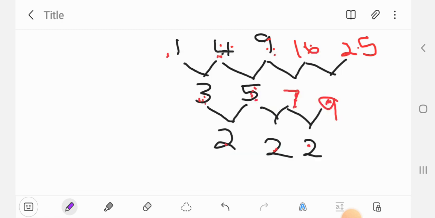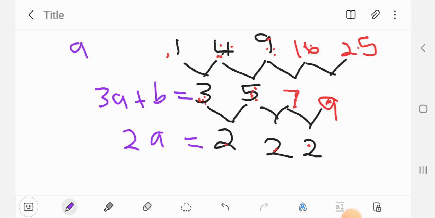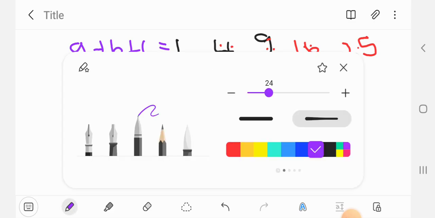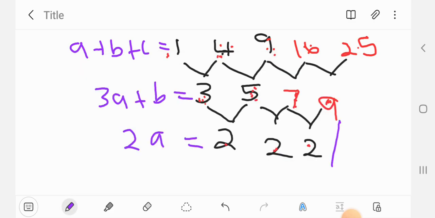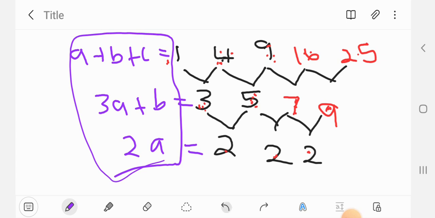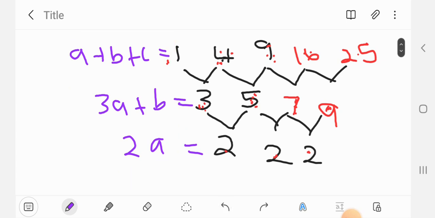And then we will say 2a equals to this. And then 3a plus b equals to 3. And then a plus b plus c equals to 1. So it's very important that you know how to use these parts, okay? It's very important that you know how to do that.